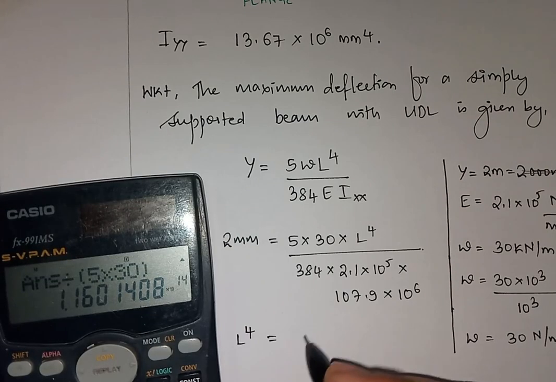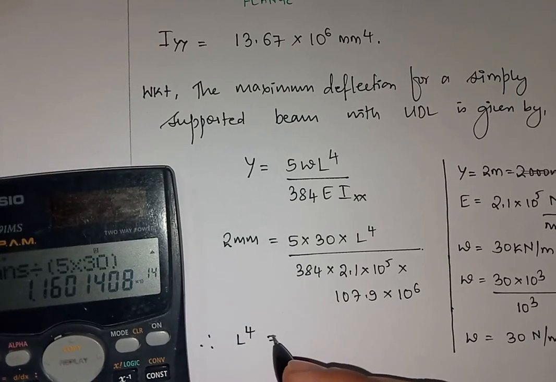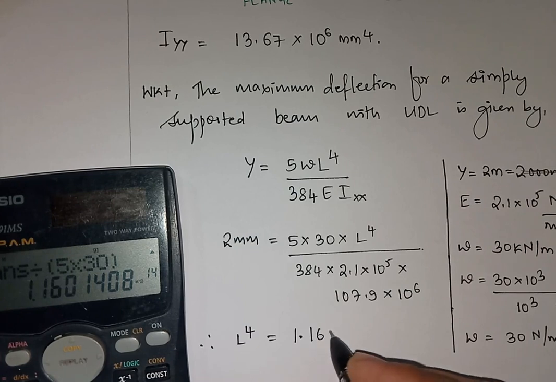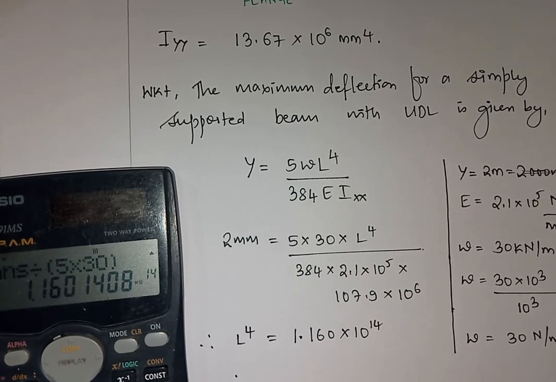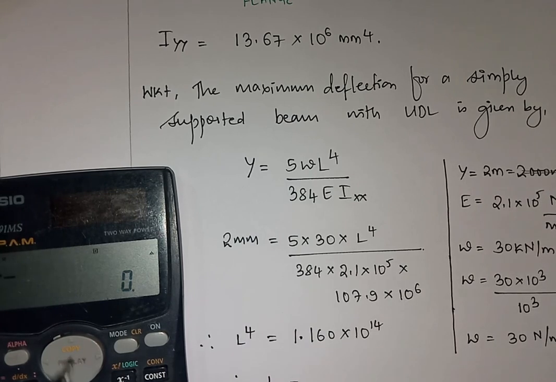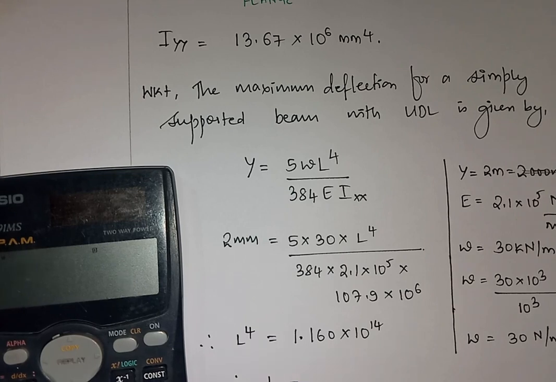So L raised to 4, I am getting it as 1.160 into 10 raised to 14. And so therefore L, how you get L is the fourth root of this. It is fourth root of the answer.